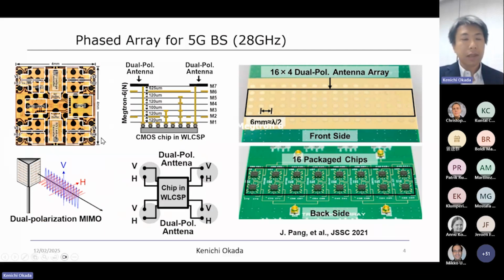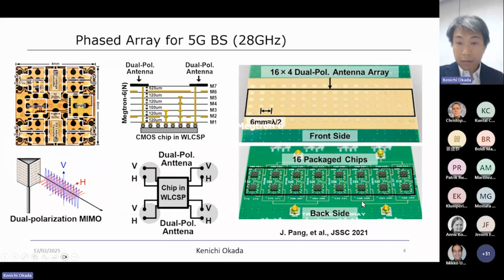CMOS is basically used for digital circuitry like processors, SoCs or something. But still, it can be used for this kind of high frequency design. It is one of the most important ways of lowering the fabrication cost and power consumption. So it is a key enabler for future 5G or 6G technologies, I think.